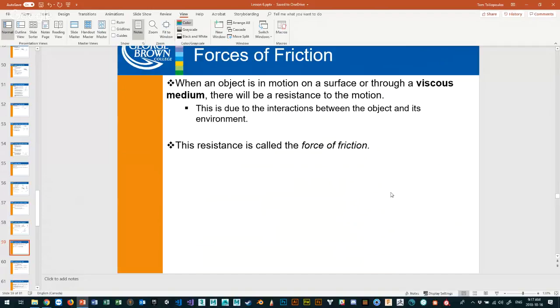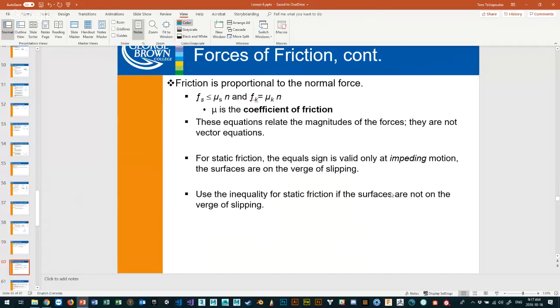It's a resistance or an opposition force that's on a particular plane of action, okay? And typically we have this notation for the force. There are two types of forces of friction we're going to be talking about: static force and kinetic force of friction, right? So there's the static force of friction, and there's the kinetic force of friction.